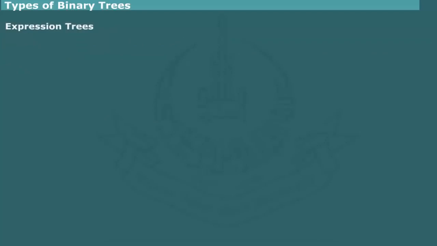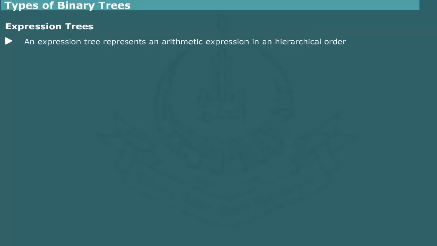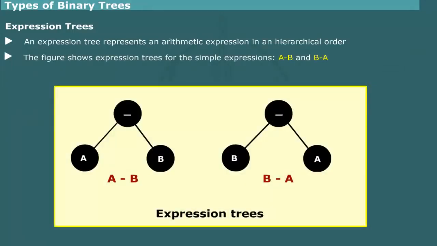Expression trees. Expression tree is structured to represent an arithmetic expression in a hierarchical manner. Each node contains either an arithmetic operator or an operand. For example, the expression a minus b and b minus a are represented as shown in figure.